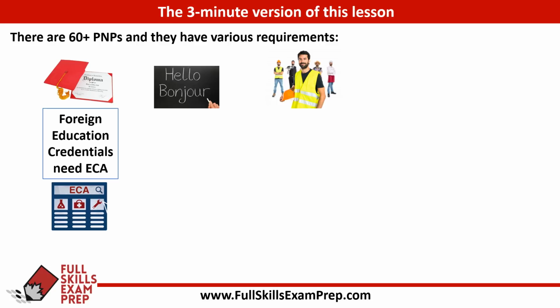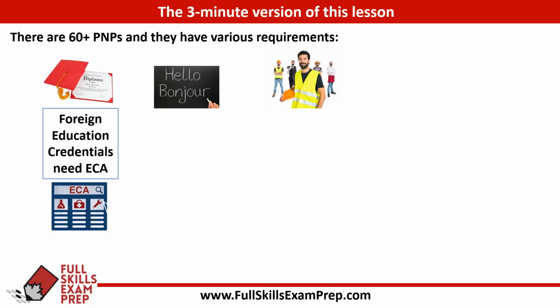For an educational requirement, it's not just somebody with life experience in some ways, right? Instead, it has to be, of course, an education credential. Now, education credentials, if they're not from Canada, need an ECA. So almost every PNP has an educational requirement in there.